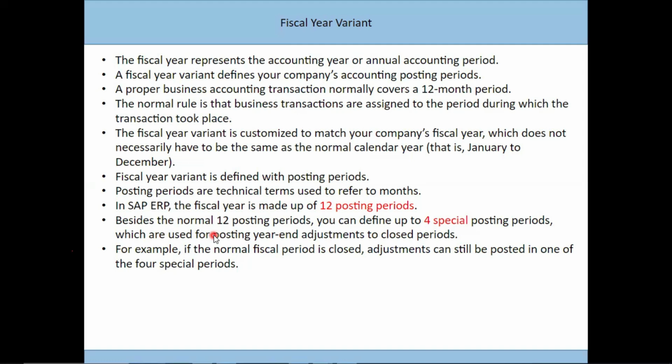That means after your March end, after your financial year end, if some ambiguities are generated, or during your auditing part, in that scenario you can post to a special period. So that is 12 plus 4, that means 13, 14, 15, 16. These 4 periods are treated as special periods in SAP.